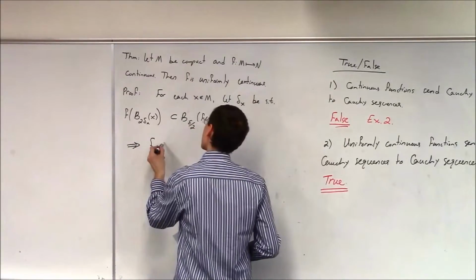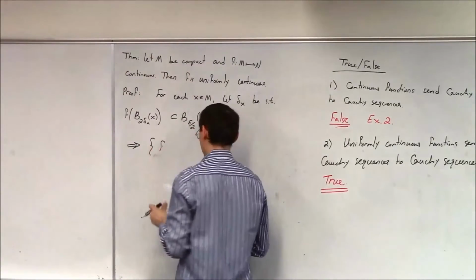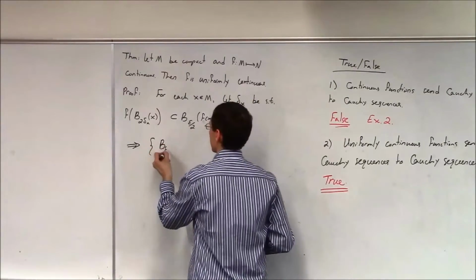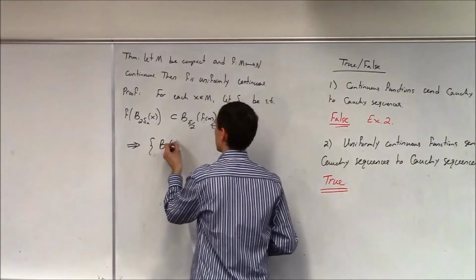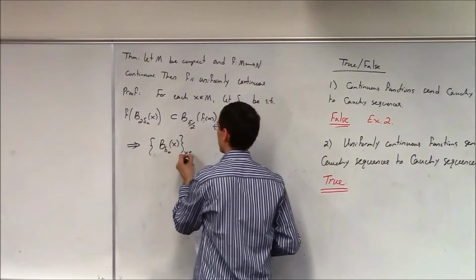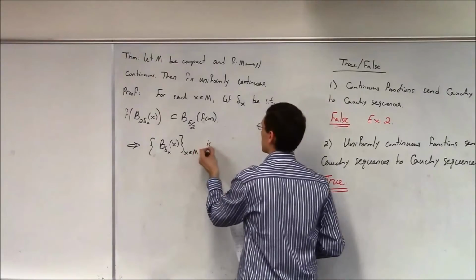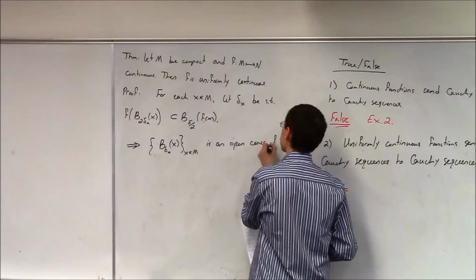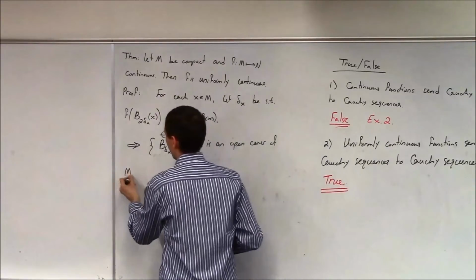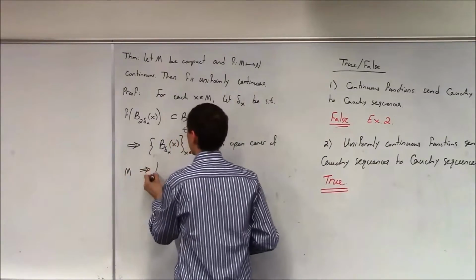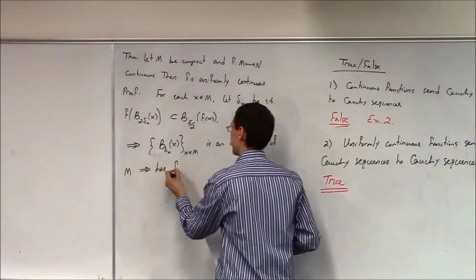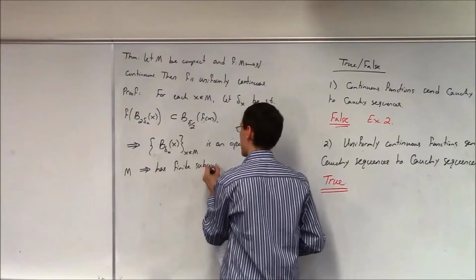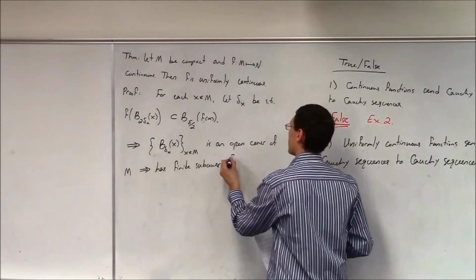So what we now have is an open cover. The balls of radius delta x centered at x, where x is an element of M, is an open cover of M, which therefore has a finite subcover. And the finite subcover, let's list it.